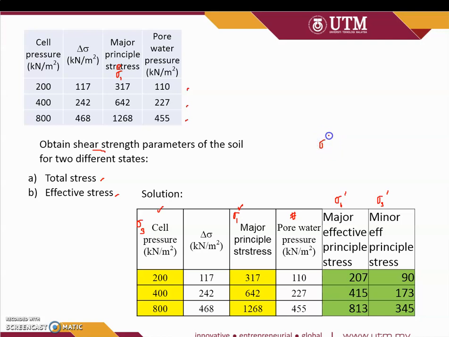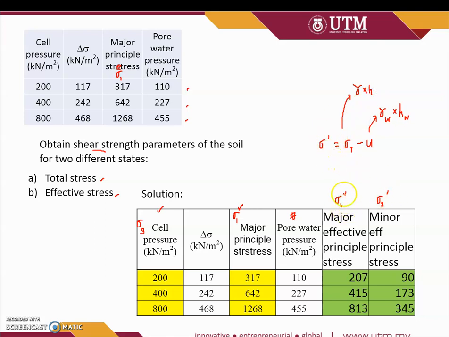If you still remember, effective stress is total stress minus the pore water pressure. And I hope you also remember from water in soil that pore water pressure is the unit weight of water times the height of the water. Total stress is the unit weight gamma times the height of the soil layer.